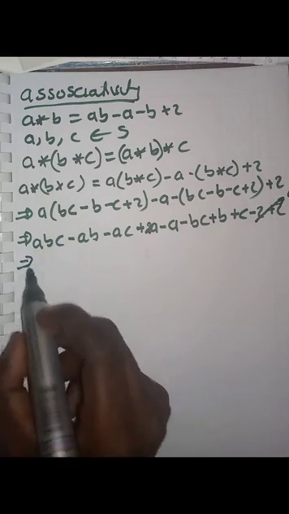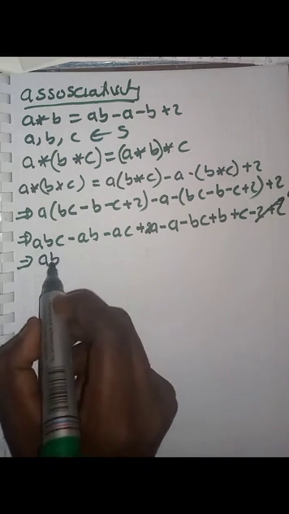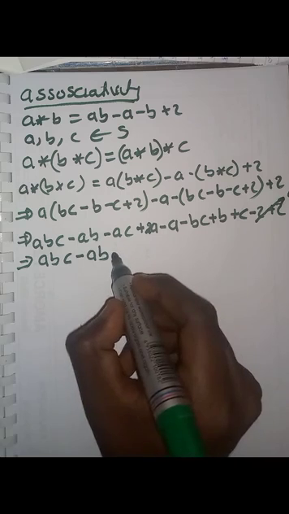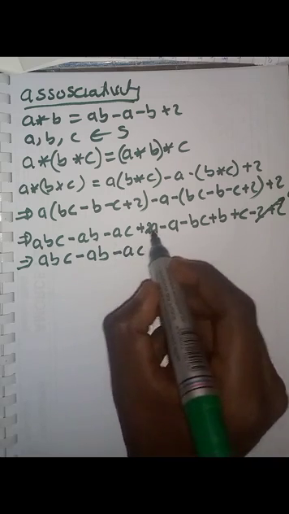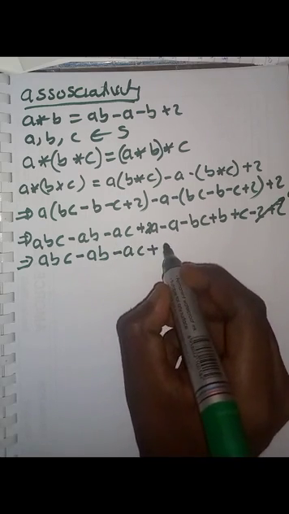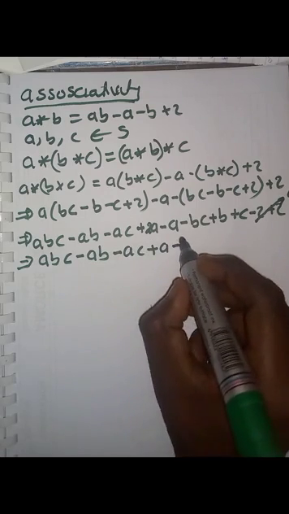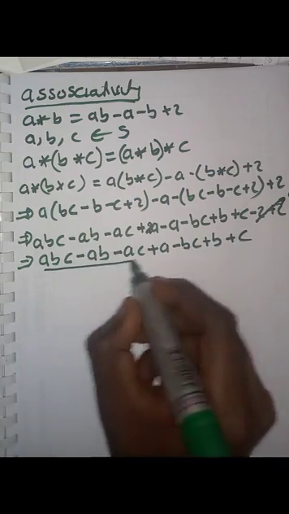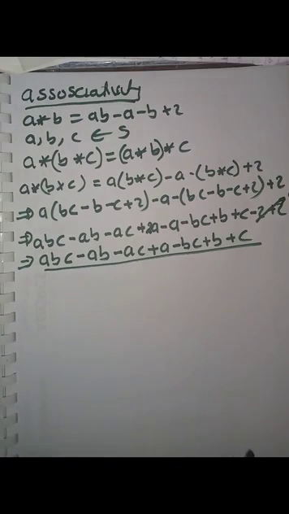That therefore implies I'm going to have now my ABC minus AB minus AC. 2A minus A gives me A, plus A minus BC plus B plus C. Great. So that is A star into B star C.